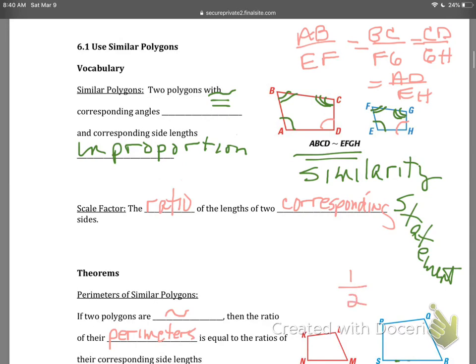That's their scale factor. So the 1 goes to the red and the 2 goes to the blue, then the perimeters will be in the same ratio. So let's say the perimeter of the red quadrilateral was 20, then the perimeter of the blue would be 40, because that's a 4. Let me just make sure that looks like a 4. It's going to be 40 because it's going to be in the same ratio. So 20 over 40 reduces to 1 over 2. Okay, let's go on to the next page.